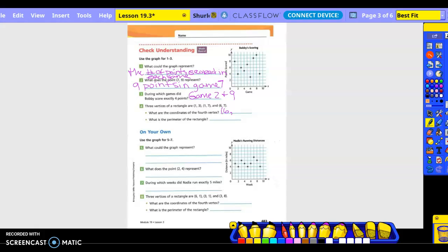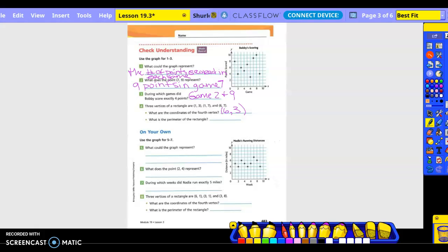Because we already used a 1 and a 1 in the first one. We want a rectangle, so that means 2 of the vertices have to match up, right? Okay, so then in my next one, we have 2 7s in the y. So that cancels them out, the y, right? So now we're looking at the other y, which is 3. So our other y coordinate would be 3.